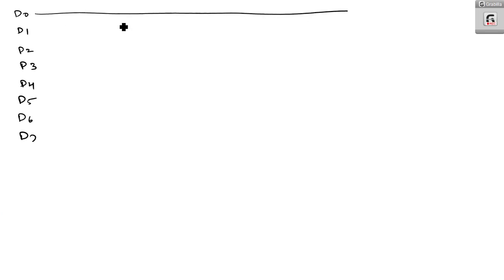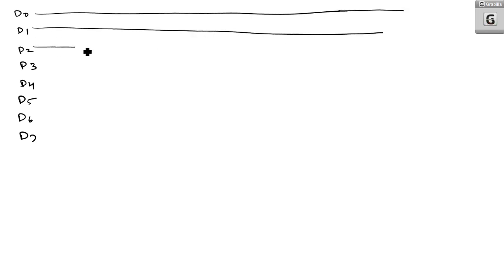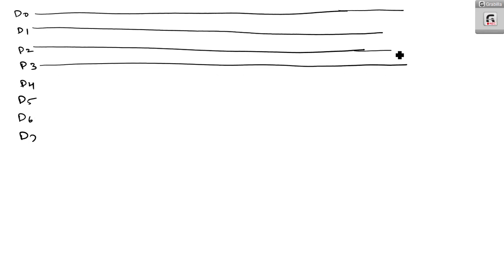What we have is D0, D1, D2, D3, D4, D5, D6 and D7. D0 is there, this is D1, draw like this, D2, D3, D4, D5, D6 and D7.